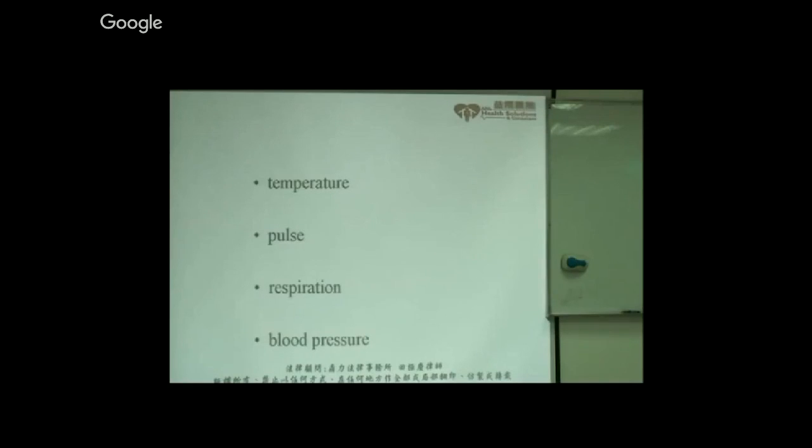It should not be automatic. It should be systematic, a scientific assessment. And we always compare the results that we get based on the standard values, the accepted normal standards.